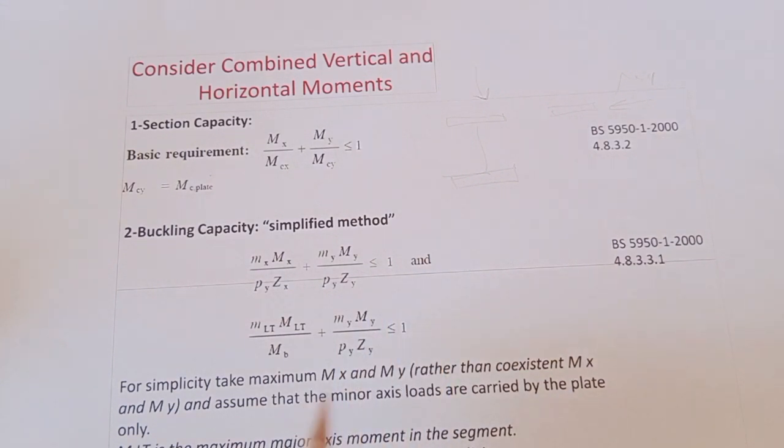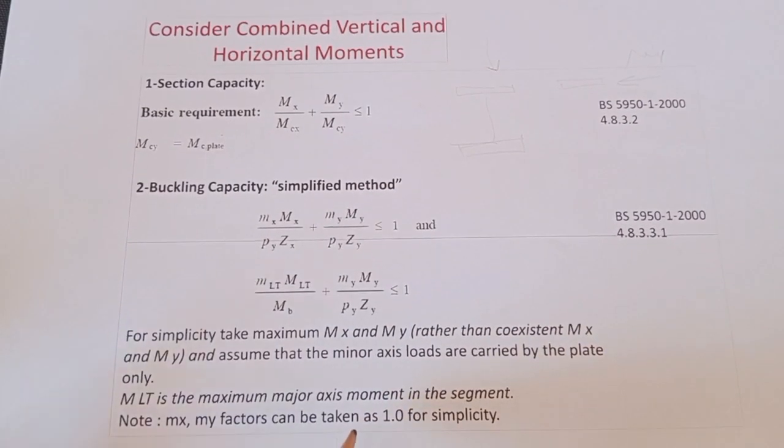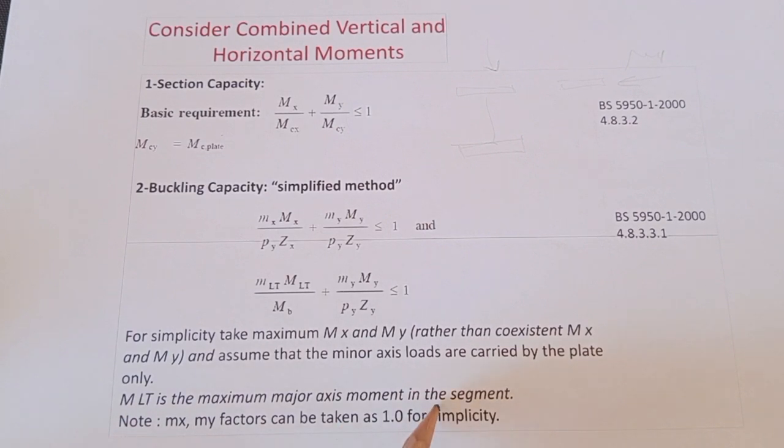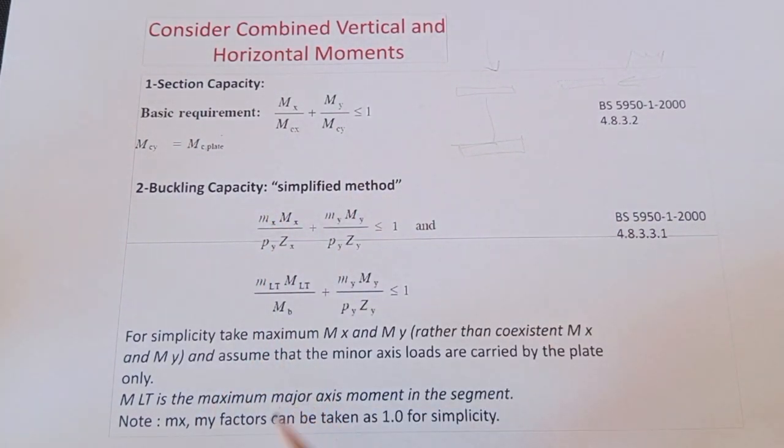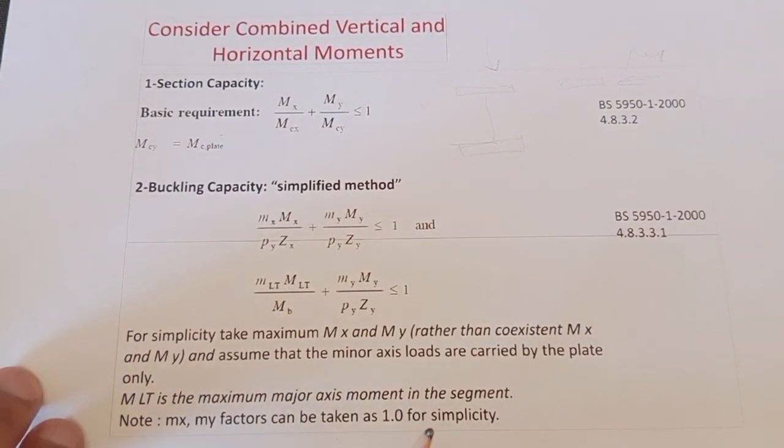We assume that these are the maximum and the minor one is just the plate. MLT is the maximum major axis moment in a segment, and the MX, MY factors can be taken as 1 for simplicity. For these parameters, for simplicity, we can assume they are all 1 and we can have an easy calculation.